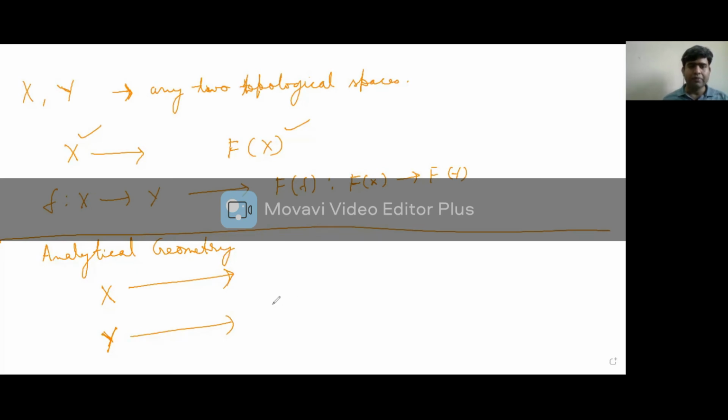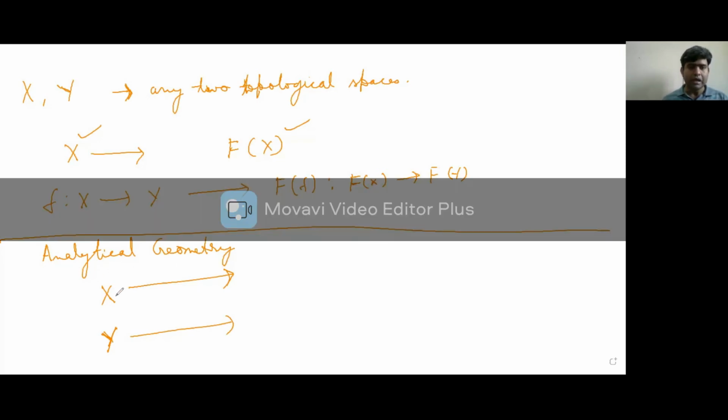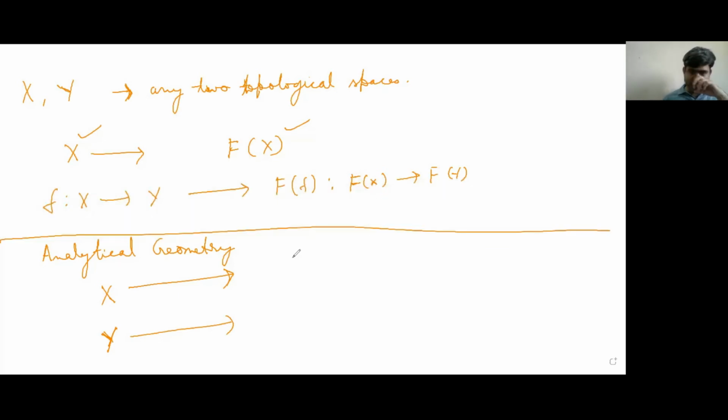But in this case, it is possible to have x and y which are different, but f(x) and f(y) are the same. There is a one-to-one correspondence in analytical geometry between equations and geometrical objects, but in the case of algebraic topology, this is not true.